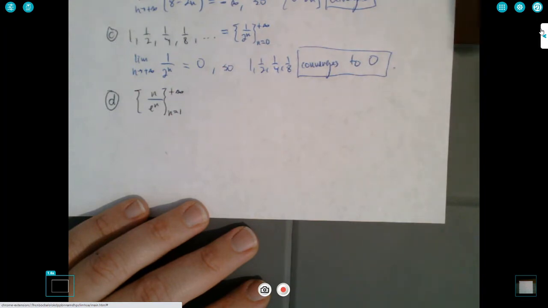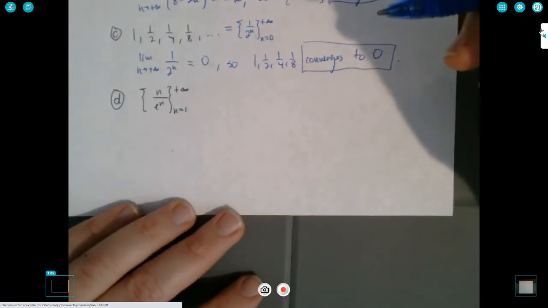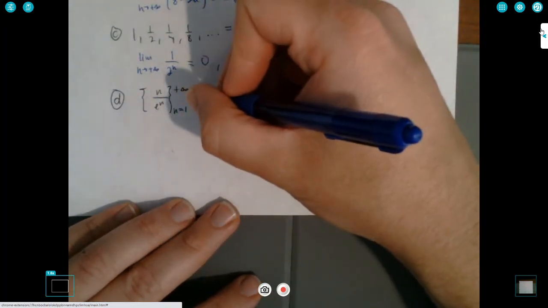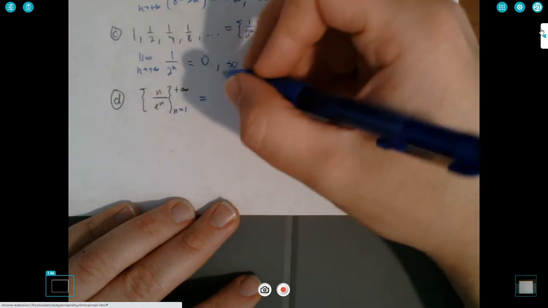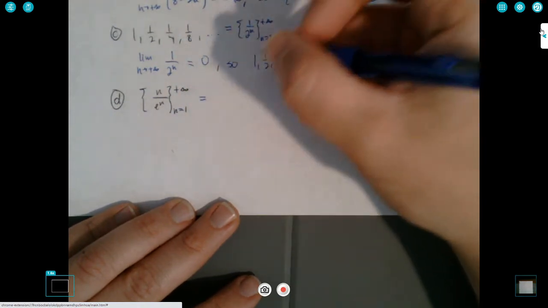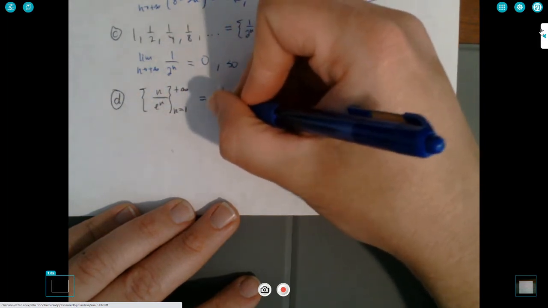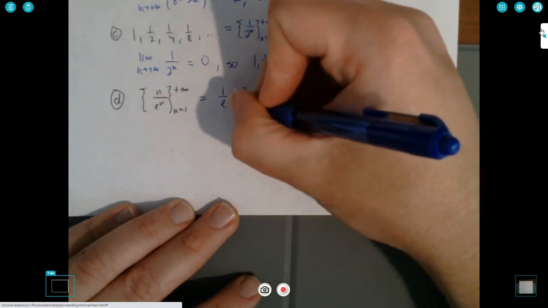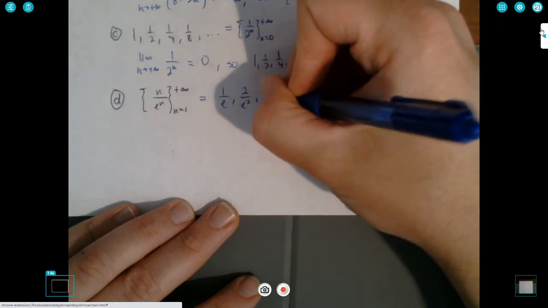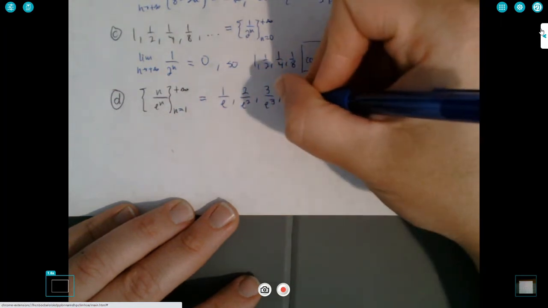Okay, so here we go. By the way, it's interesting to write down the first few terms of the sequence and get a feel for it. This is 1 over e, and then 2 over e squared, and then 3 over e cubed, and so forth.